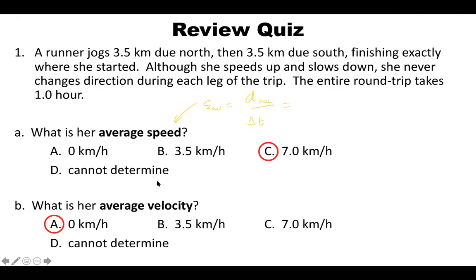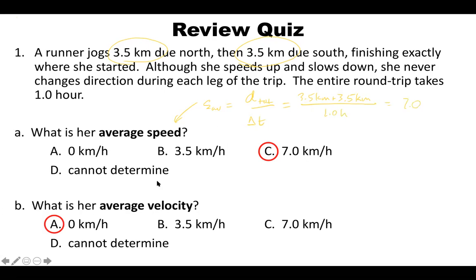In this case, there's no formula for distance traveled, remember, in most cases, so you just have to do it by inspection. So we see that the runner jogs 3.5 kilometers followed by another 3.5 kilometers. So the total distance traveled is just the sum of those two individual legs. And then the amount of time it takes is 1 hour in total.